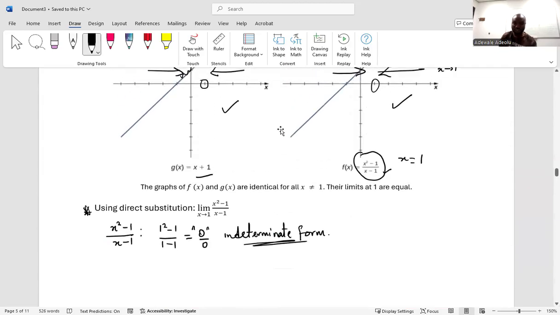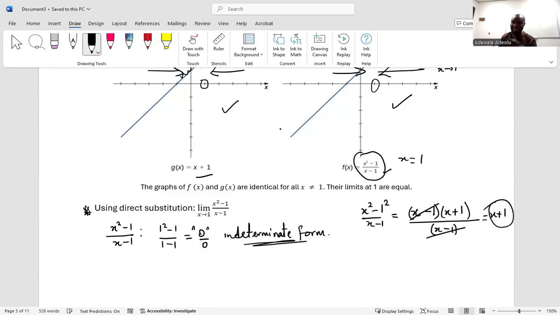That was what we did here. x squared minus 1 divided by x minus 1. Remember, difference of two squares. So that makes this x minus 1 times x plus 1 divided by x minus 1. So this cancels, and we have x plus 1.